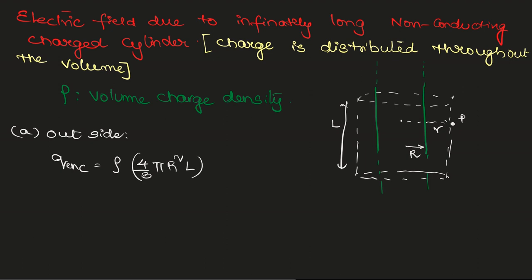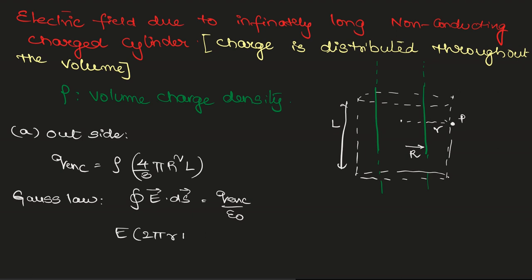So now if I apply our Gauss law, integration of E bar dot ds bar will be equal to Q enclosed by epsilon naught. As it is surface area, we have to take only curved surface area, that will be equal to rho into 4/3 pi r square L by epsilon naught.